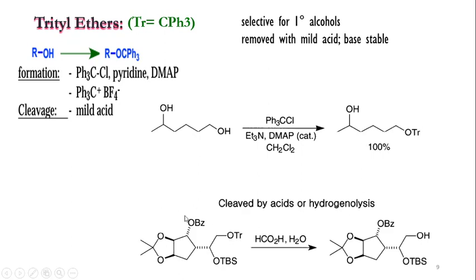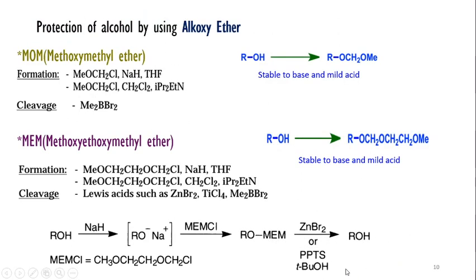Here there are 3 protected groups of OH into OBn, OTBS and O-trityl, that is trityl ether, but only the trityl ether can be cleaved by means of acid or hydrogenolysis.